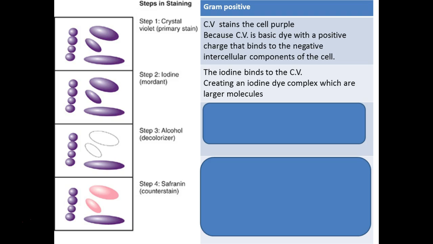Why do they not get washed out? It's thicker. The peptidoglycan layer of the cell wall is thick. But how does it react to the ethanol, to the alcohol? It shrinks. So when it shrinks, what does it trap inside that cell? The color, the crystal violet and iodine, that large molecule.